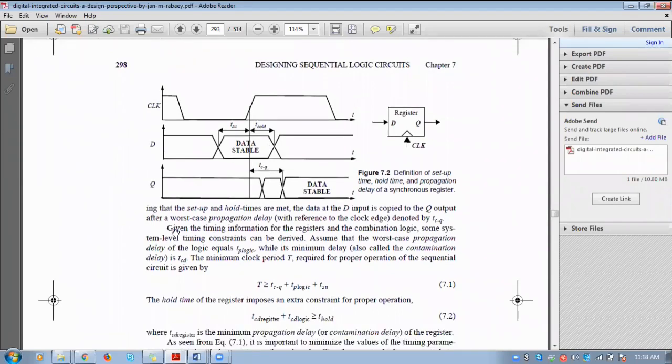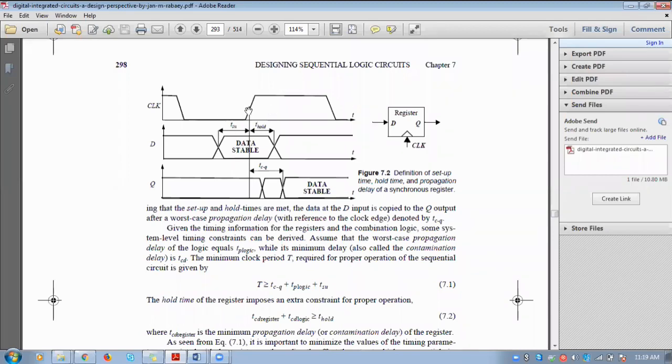Setup time is the time required to make the data ready for execution even before the clock arrives. For example, according to this memory, the clock is positive edge triggered. So even before the clock rises, the time taken to make the data ready is known as setup time.